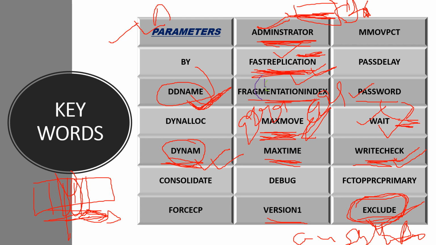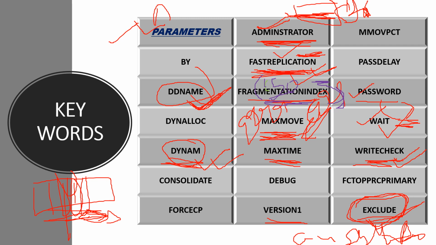After moving every data set to a new volume extent allocation, it will check the current fragmentation index. If it is equal to 150 or less than 150, the defragmentation will stop. You can limit the defragmentation by giving the exact number here.